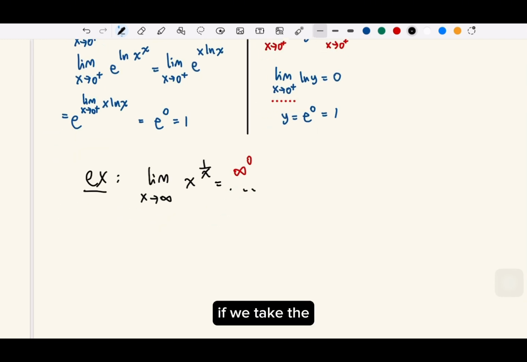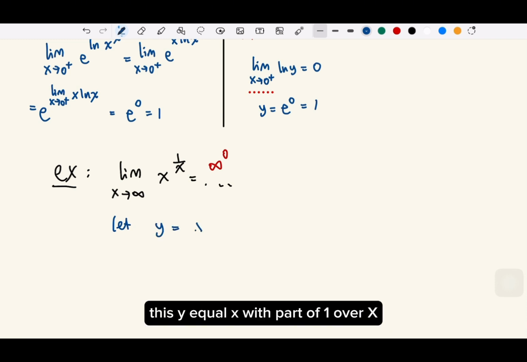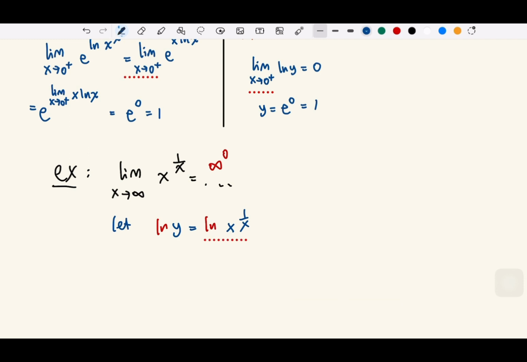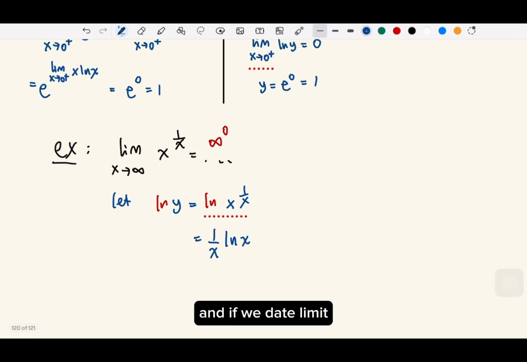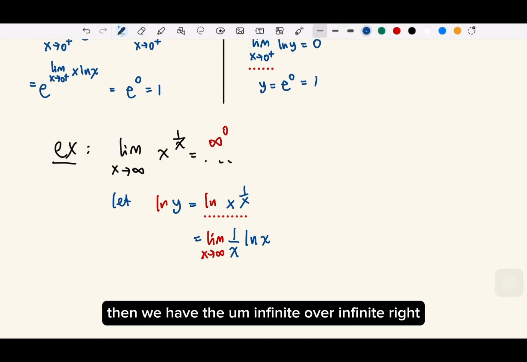So for the second one, let y equal x with power of 1 over x. And then we take ln of both sides, like that. We have 1 over x and then ln x. And if we take the limit, then we have infinity over infinity, right? Which means we can use the L'Hopital rule. So take L'Hopital.